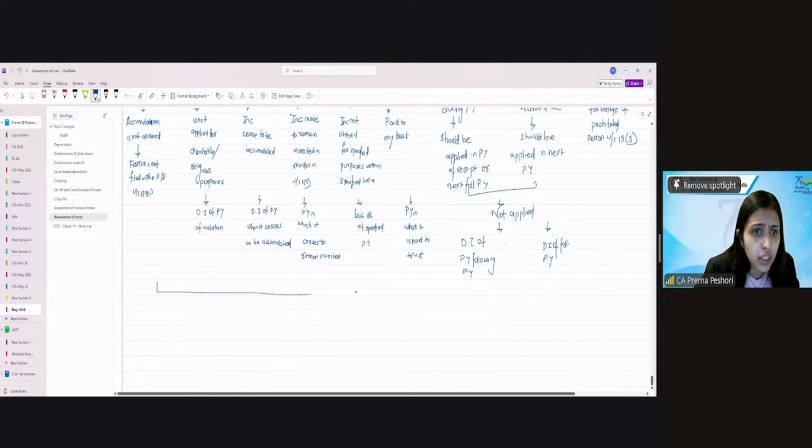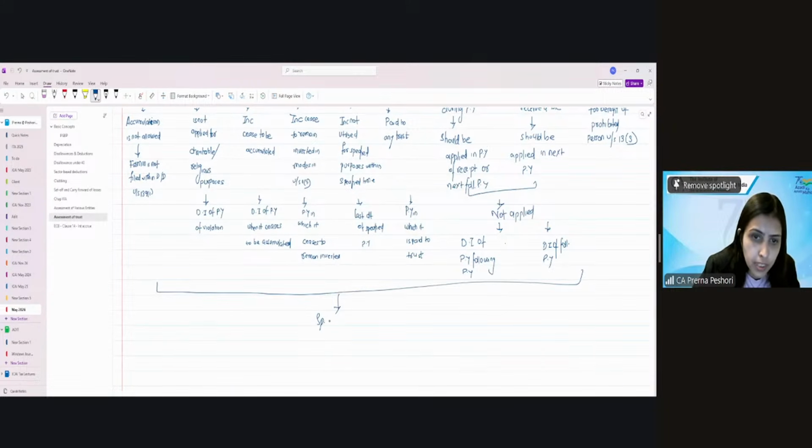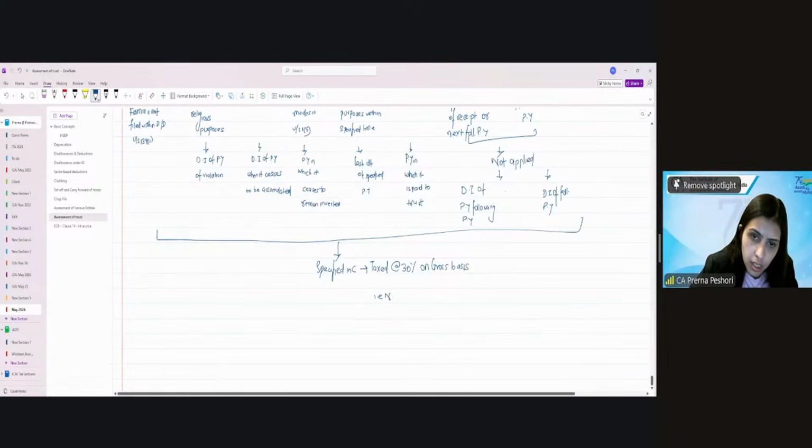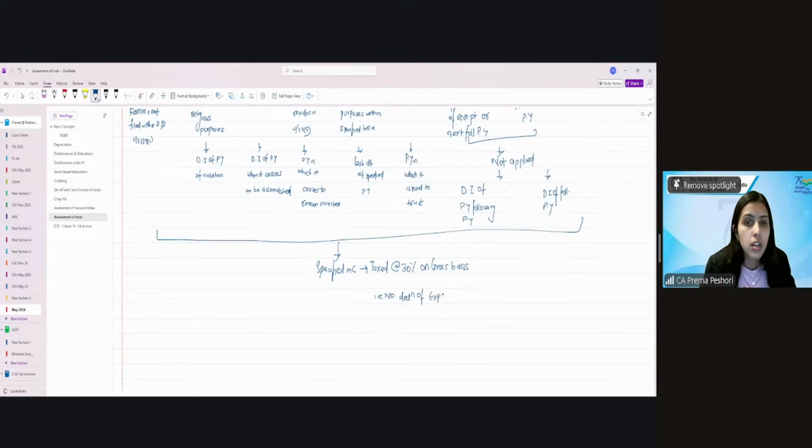So if any of these conditions are satisfied, then these specified income shall be taxed at the rate of 30% on the gross basis. Gross basis meaning no expense will be allowed. That is, no deduction of expense. Clear?